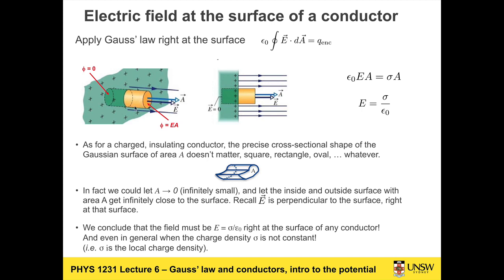If you're near the surface of a conductor, what's really important is just the area, and of course there's no electric field inside. So you can work out this property that the electric field is sigma over epsilon naught near the surface of a conductor. Have a look at the details here to review Gauss's law for that.